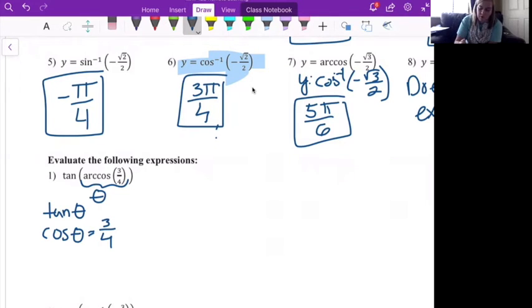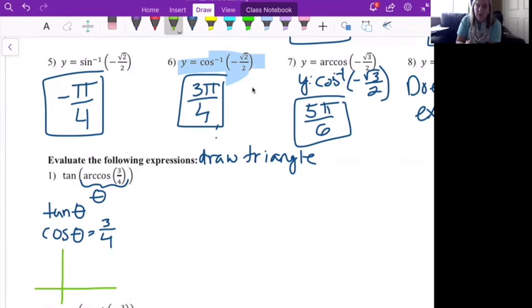So we want to draw a circle, or sorry, draw a triangle. And so if we draw a triangle, because it's positive, we know it's going to be in quadrant 1, because all positive inverse functions are in quadrant 1.